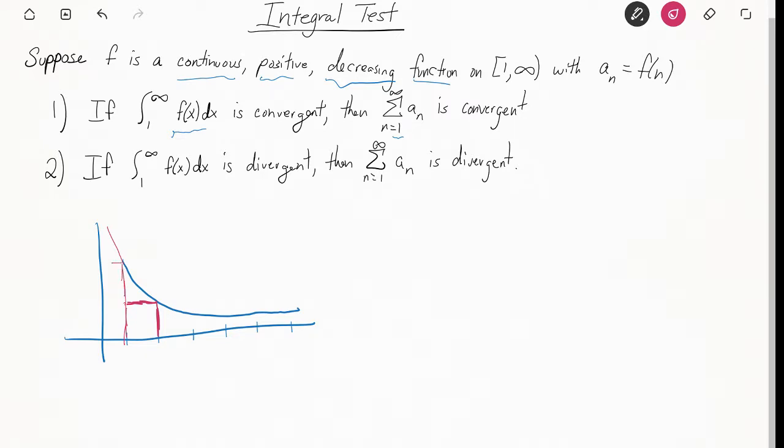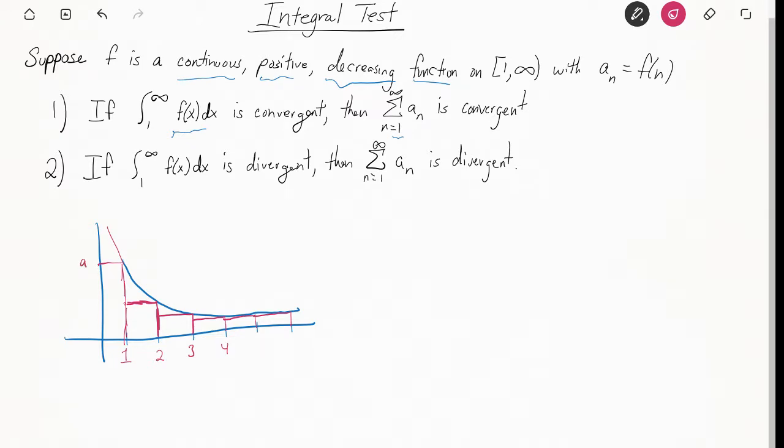So if this is 1, this is 2, this is 3, this is 4, 5, and 6. Since I have positive decreasing, that's actually important here. What can we say?